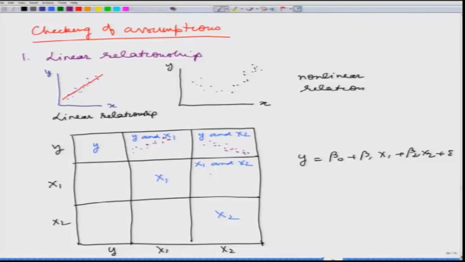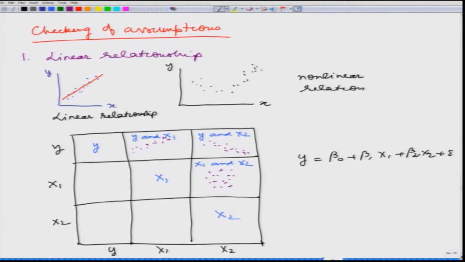So these only provide us a sort of indication whether the linear relationship can be fitted to the given set of data or not. Now in this block you will see we are going to get a relationship between x1 and x2, and we expect that they are not going to show us any trend, because we have assumed that all x1, x2, xk are independent, by assuming that the rank of the X matrix is equal to k.